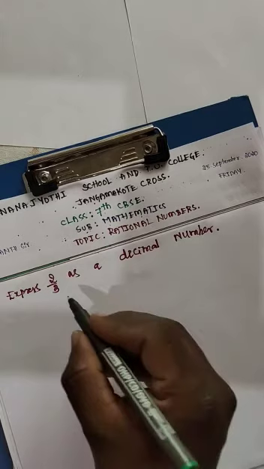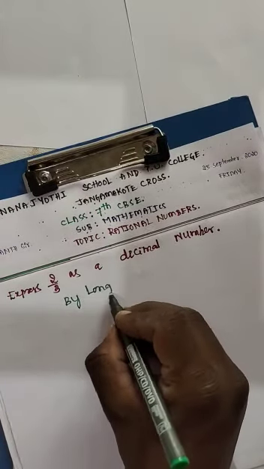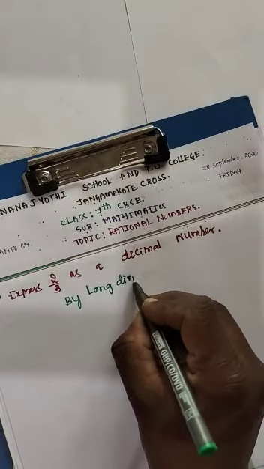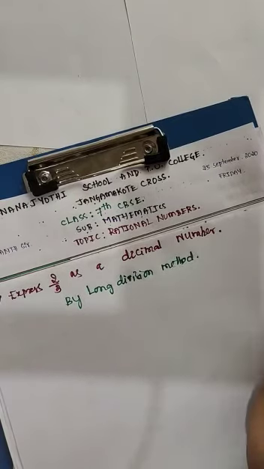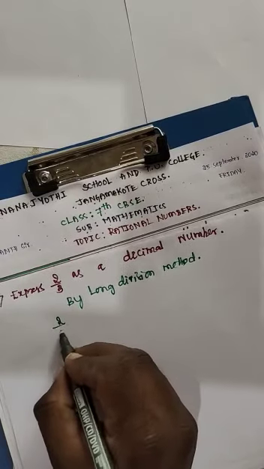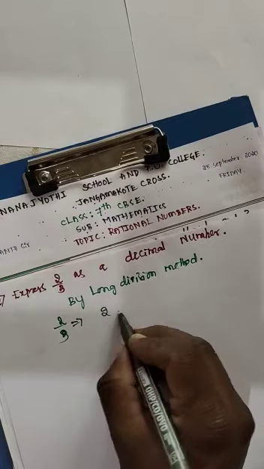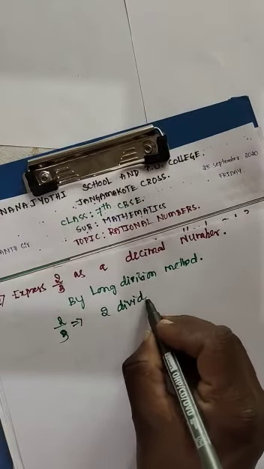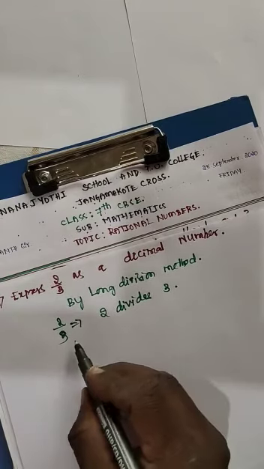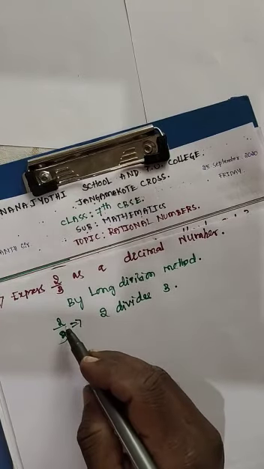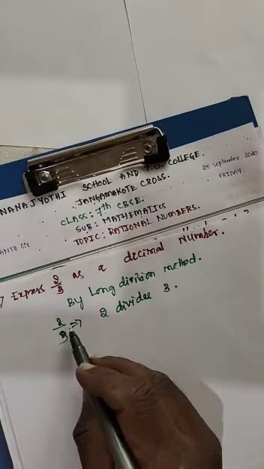I am going to do this by the long division method. Here 2 by 3 means 2 divided by 3. 3 is the divisor and 2 is the dividend.